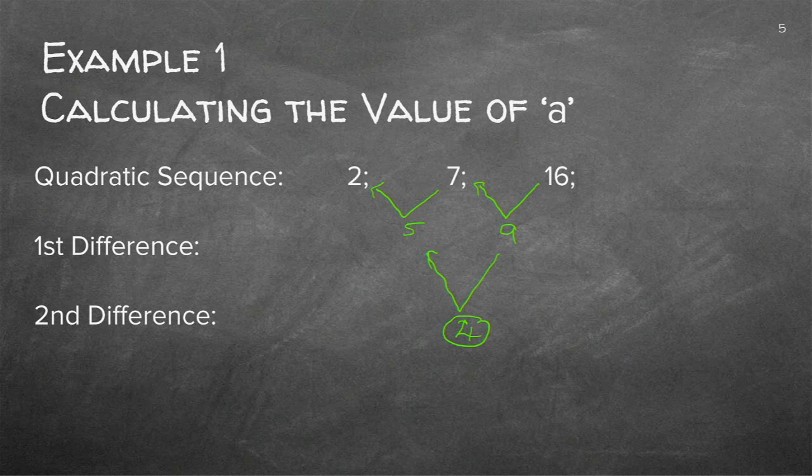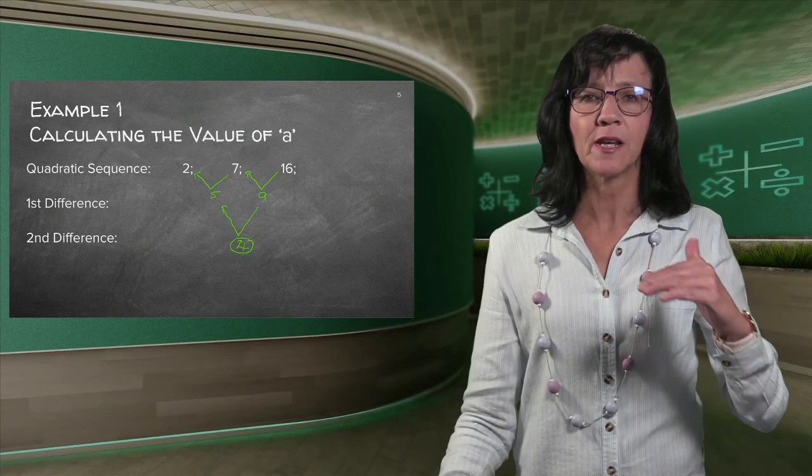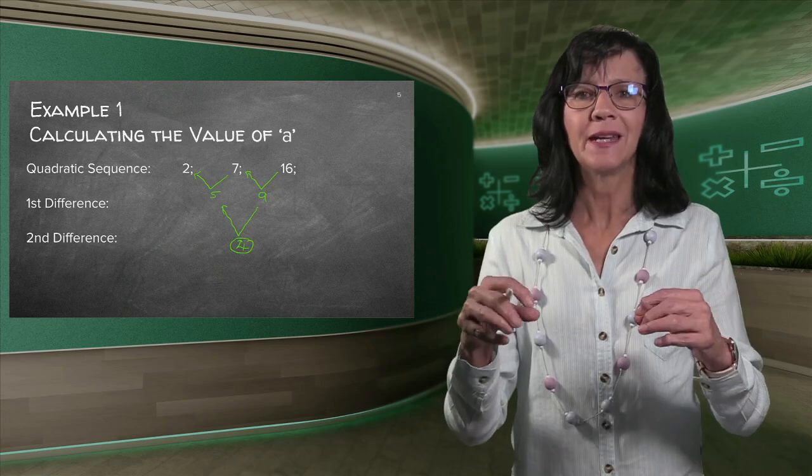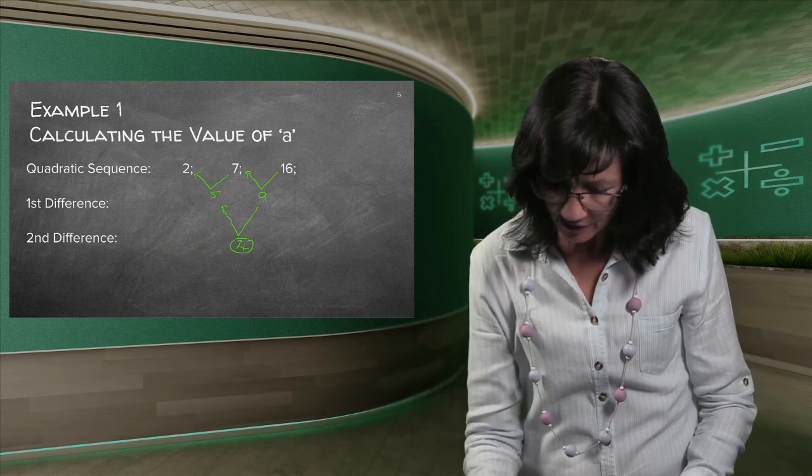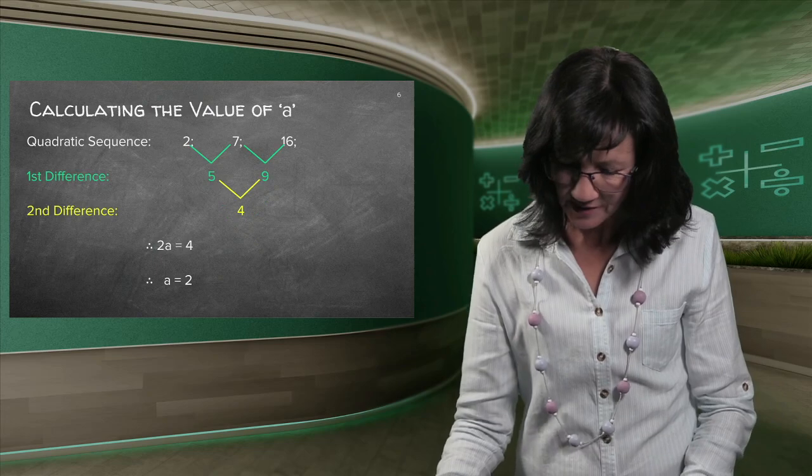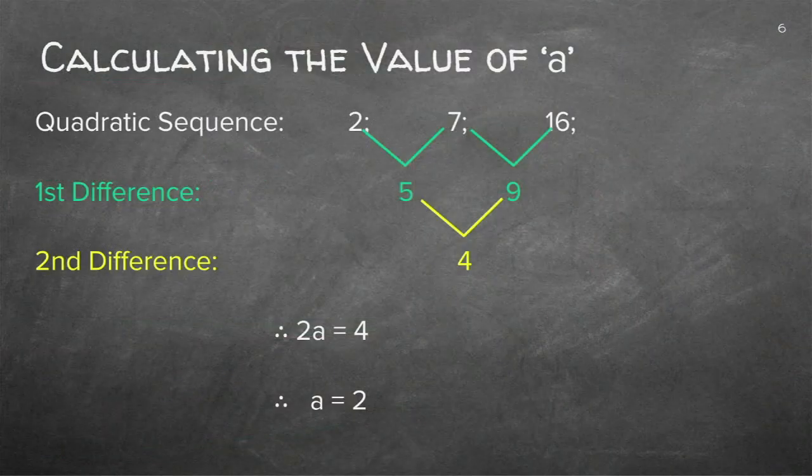Now you can recall in the previous one, when we did our second differences with the formula, it came to 2a. So this little 4 there, let's just check on the second slide. That 4 there is actually your second difference, which we got as 2a. So there it's written down, and there's a way to find a. So now we found the a that is in our formula.